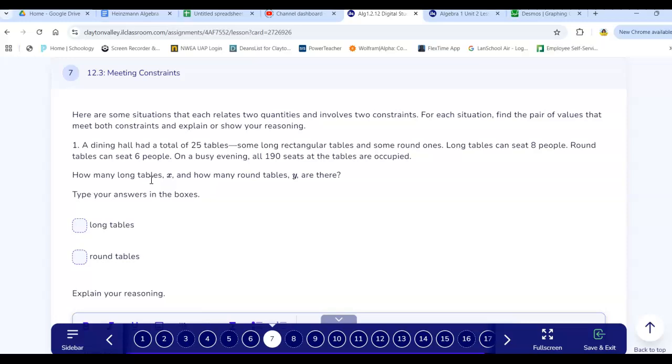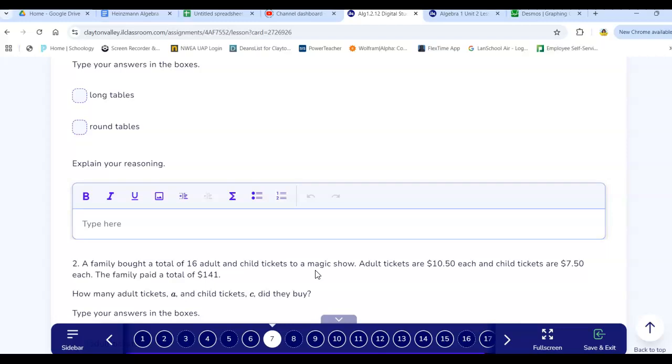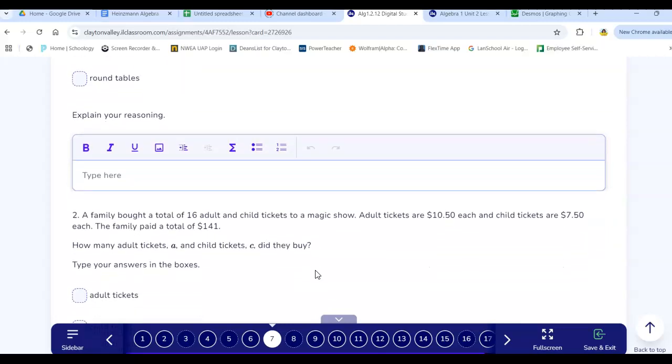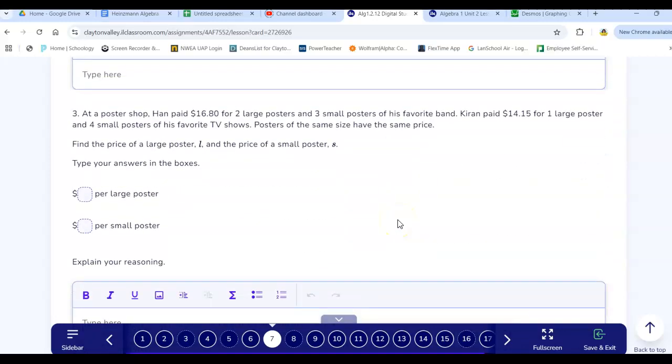So, first you're going to answer the question, how many of each are there? And then you're going to tell them how you figured that out. You're supposed to do it like a puzzle. And then they're going to give you another situation. And yet another situation where they're giving you two constraints.